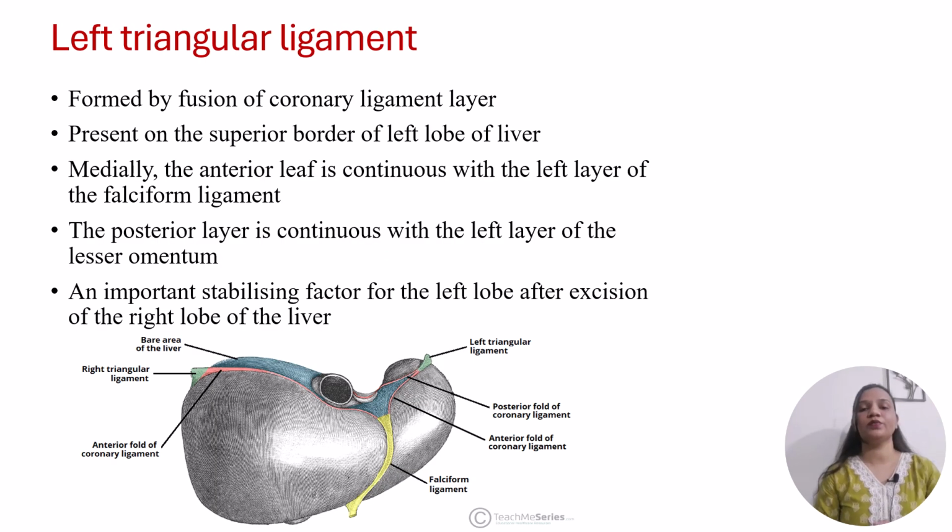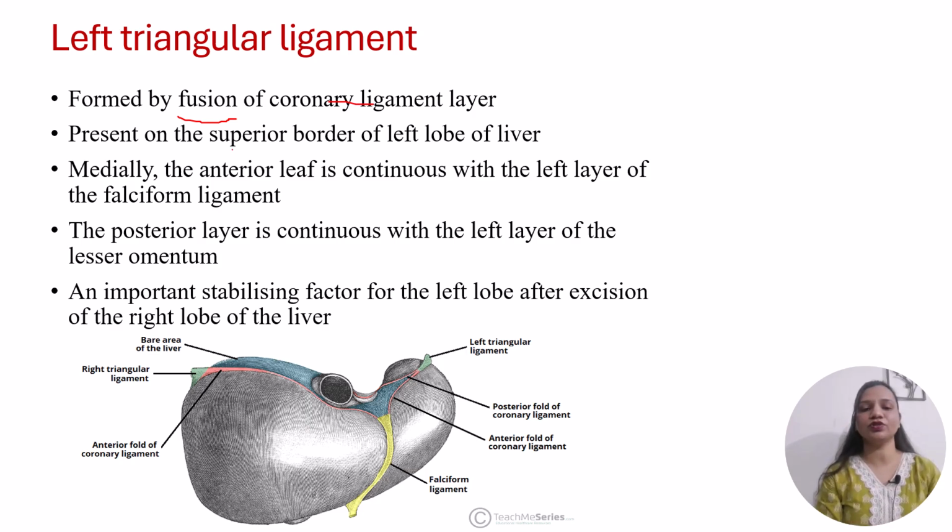Now, we will see what the left triangular ligament is. The left triangular ligament is formed by the fusion of the coronary ligament layers. As I have already mentioned, the coronary ligament layers, the anterior and posterior layers, fuse with each other on the left side and form the left triangular ligament.